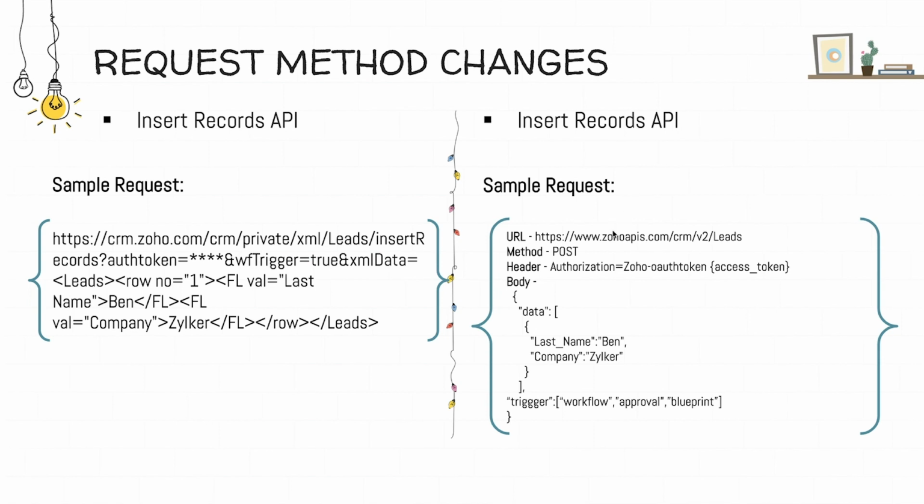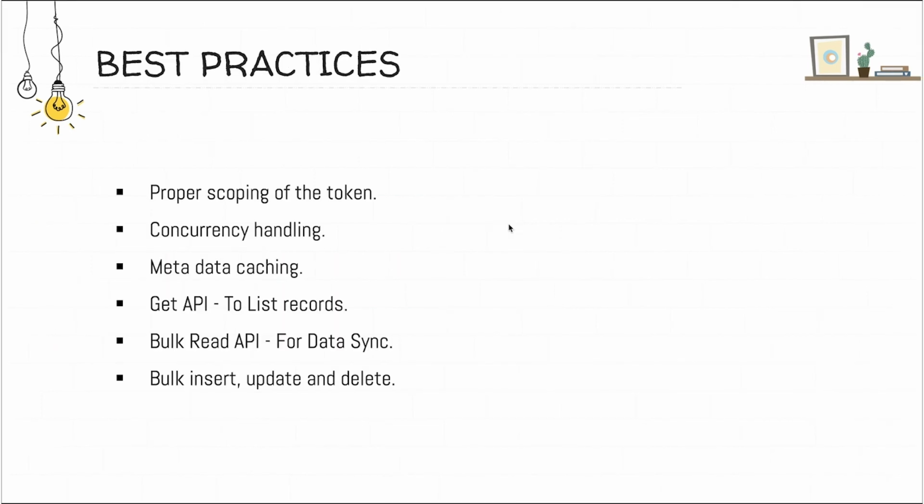For example, the method in which you call the APIs could be GET to fetch, POST to create, DELETE and UPDATE. A header contains the access token for authentication, and the body section is where you give the input to CRM. So whenever you want to create a record within CRM using APIs, you would have to give the content within the body tag.